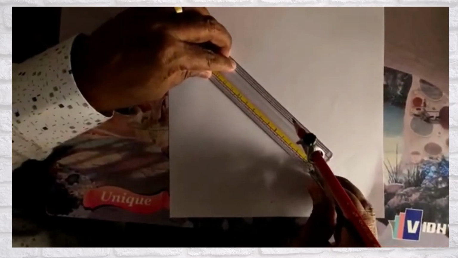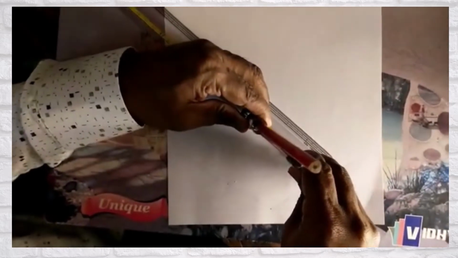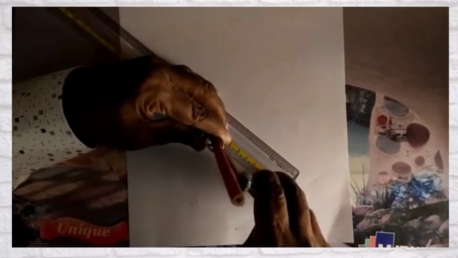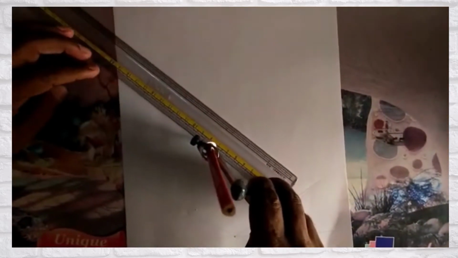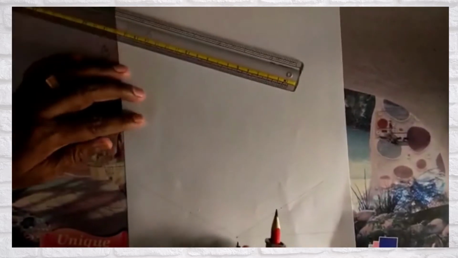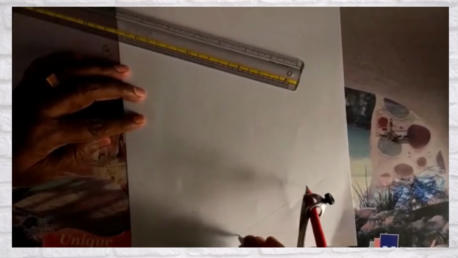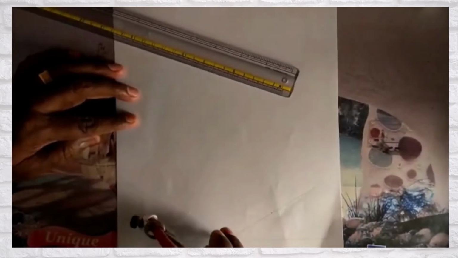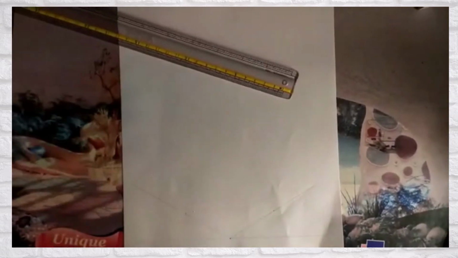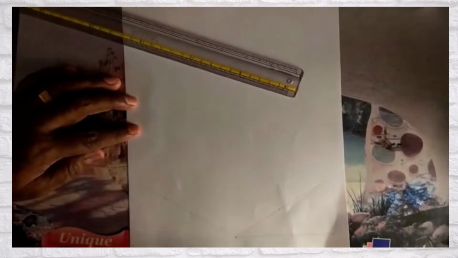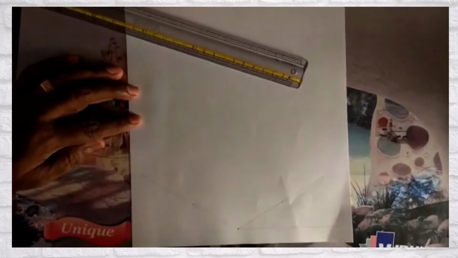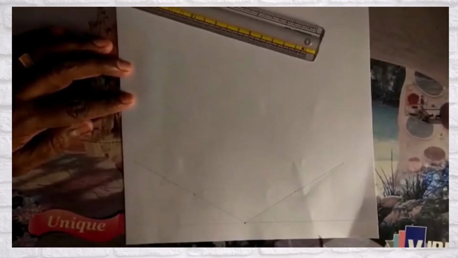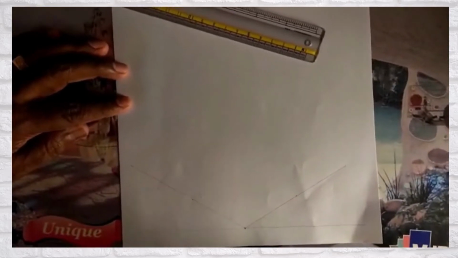I have taken 8 centimeter here, and from here we need to take 8 centimeter on both lines. Then we cut two points on both lines. It means that much is 80 millimeter.